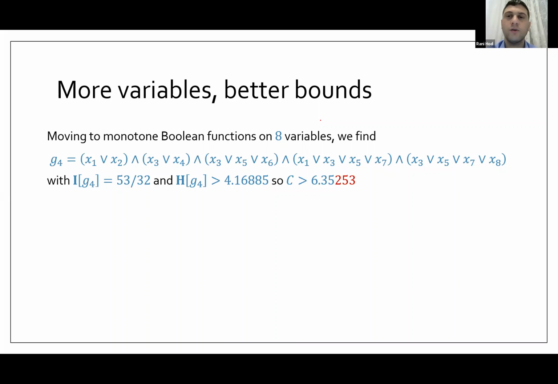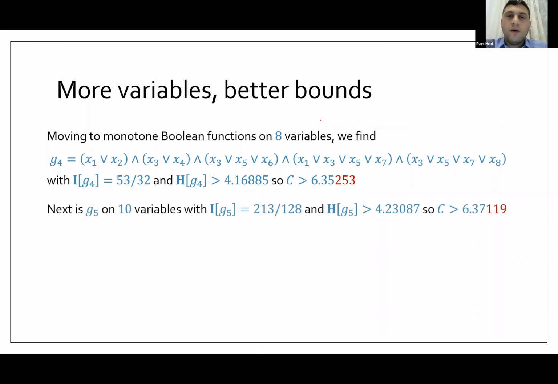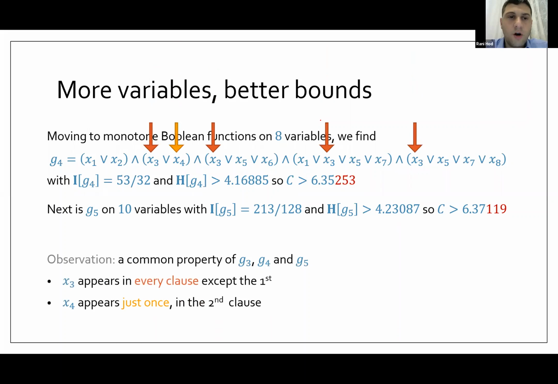We're only going to get to something like 2.45. But that's still some progress. And we can go on and find something slightly better with 10 variables. Again, 9 variables gives no improvement. 10 variables gives us this. And here's something common to all these functions. So we have x3. It appears everywhere except the first clause. And we have x4 that only appears in the second clause.